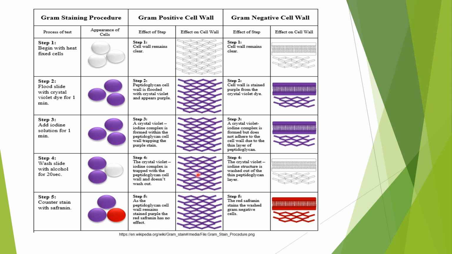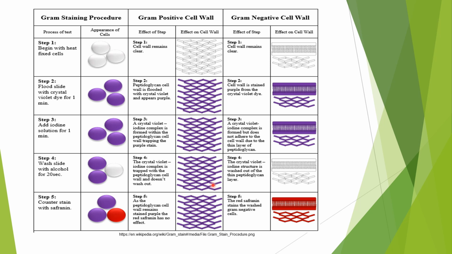So you add your decolorizer, which is your alcohol, and that ethanol is actually going to allow the crystal violet to be washed off, only from the cells that have a thin layer of peptidoglycan. The ones that have a thick layer of peptidoglycan are not going to be affected by that decolorizer.